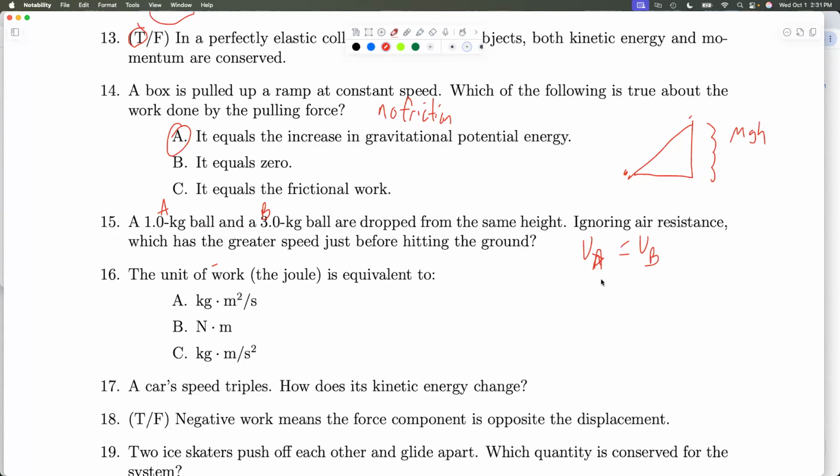Or we can look at it as conservation of energy. 1/2 mA VA squared would equal mgh, technically negative, but in absolute value, because it's losing this and gaining this. In absolute value, these will be equal. The m's cancel out. The velocity does not depend on the mass.